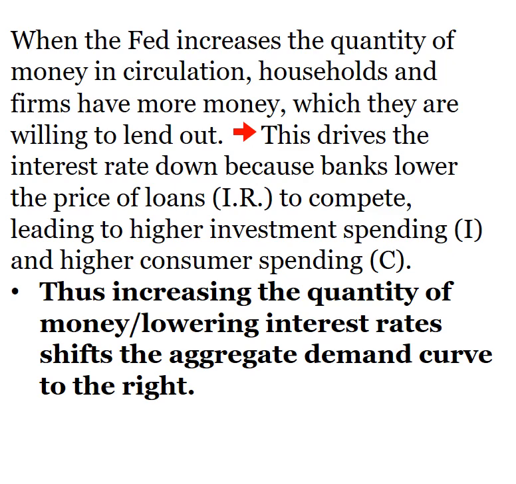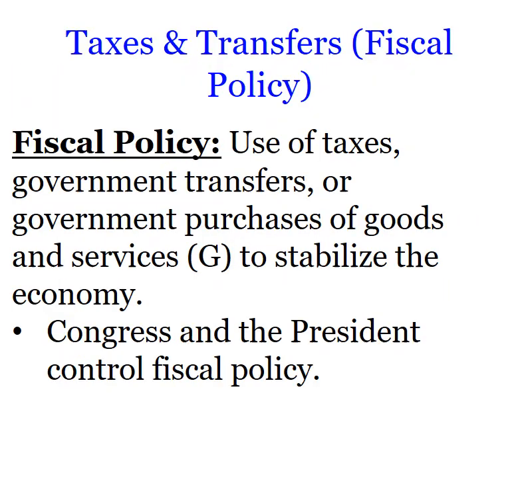And so they can raise interest rates, because if there's a line of people at the door who want a loan, they can raise prices of loans and still have people that want them. So less money supplied leads to an increase in interest rates. And if interest rates go up, consumer and investment spending would go down, and so aggregate demand would shift to the left.